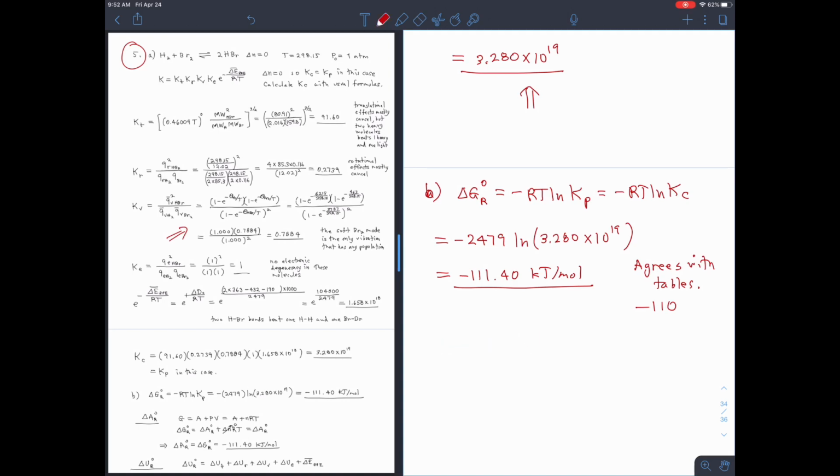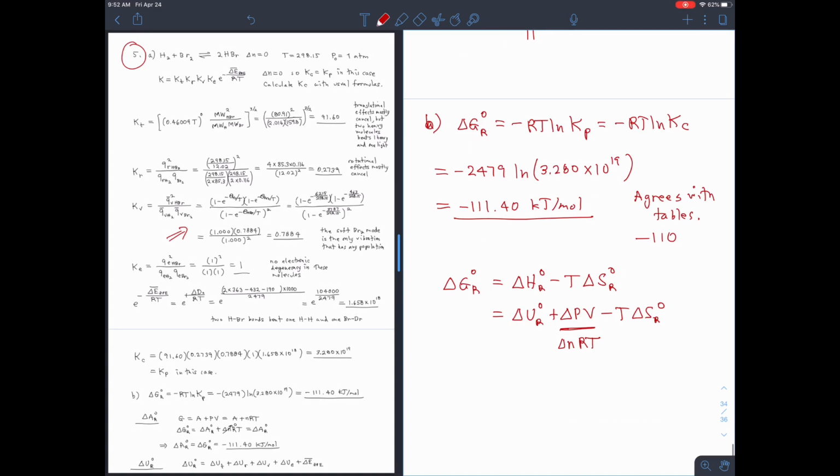Delta G is equal to delta H minus T delta S, but delta H is equal to delta U plus delta PV, and then minus T delta S. Delta PV is delta nRT for this case.